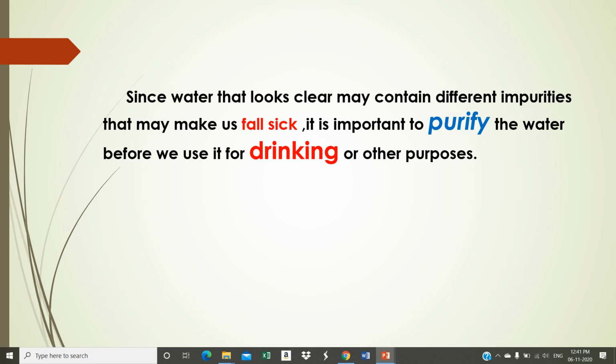Why? Because although it is the purest form of water, it might contain germs that might cause disease. It might contain sand, dust particles and other different impurities. Therefore we must always purify water before drinking, and this purifying part we will learn in our next class.